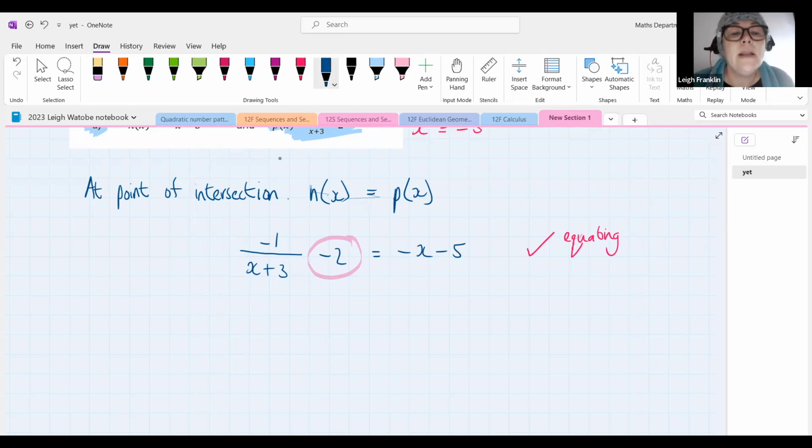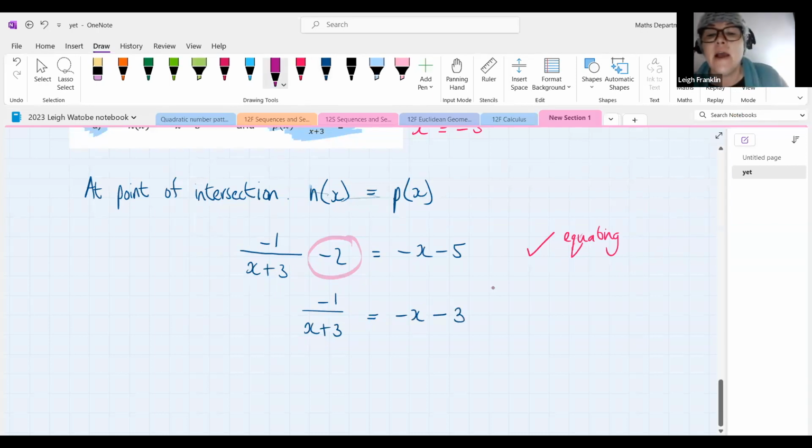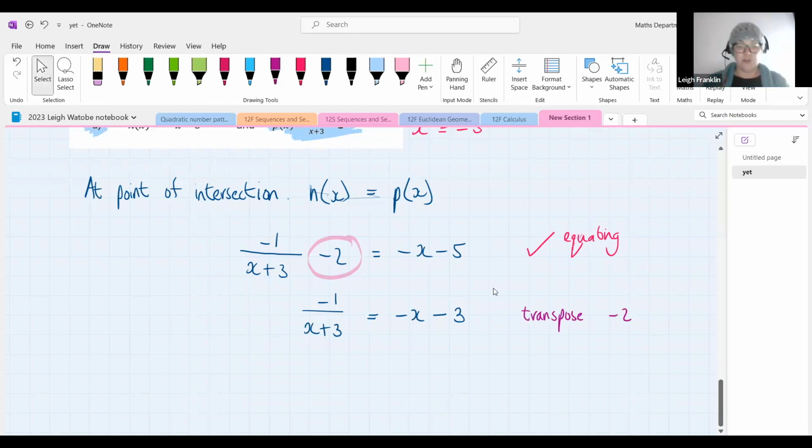Okay, so you're going to end up with -1 over x plus 3. And when you take this 2 over to the other side, you're going to add 2 to the left, so you're going to add 2 to the right. Okay, so that means that we're going to add 2 to this -5, so it's going to become -3. Okay, so that's the first thing that we've done, is we have transposed the -2.